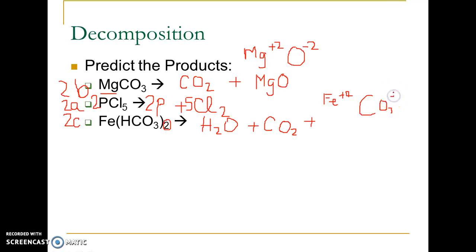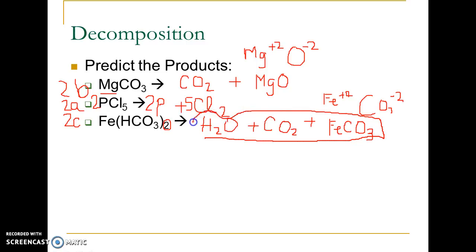So these charges do balance out to equal 0. Therefore, my chemical formula for iron 2 carbonate is FeCO3. Okay, so this is my final answer for my prediction of products.